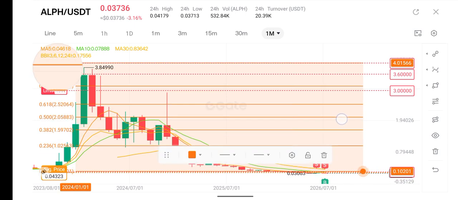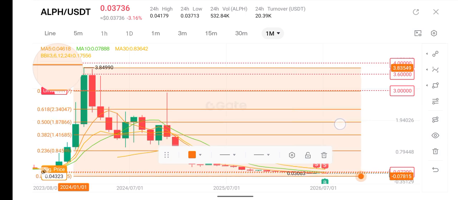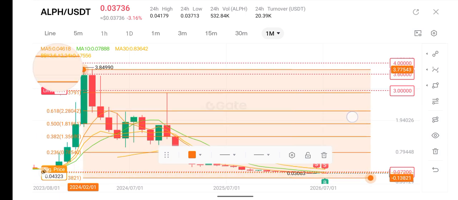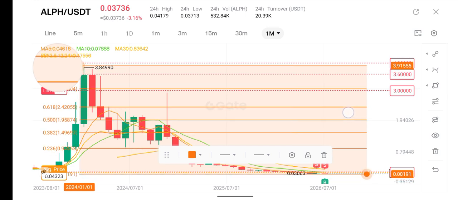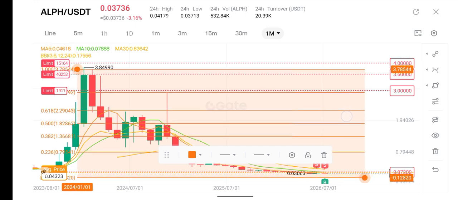You can see here that this point, 3.8499, approximately 3.85, is our all-time high. That's our all-time high price.